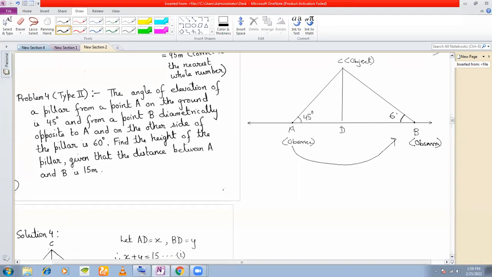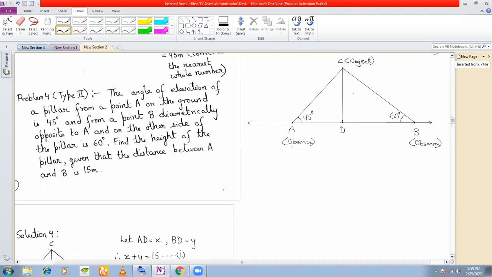Therefore, this angle here is 60 degrees. Now the question is, find the height of the pillar, that is, find the height CD.